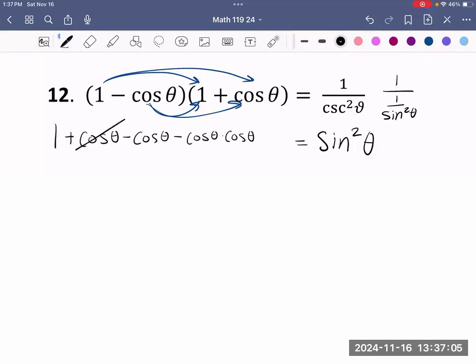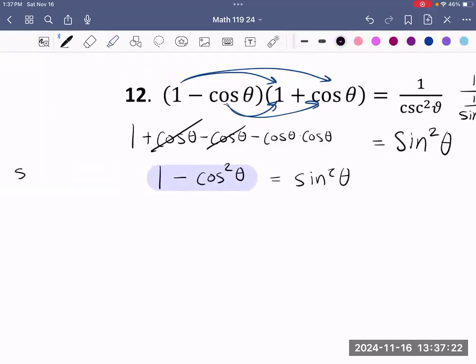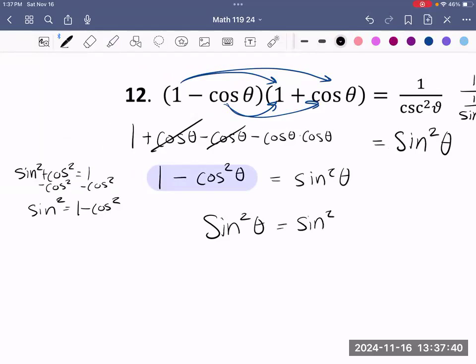We should get these middle terms to cancel. We get 1 minus cosine squared of theta is equal to sine squared of theta, which is in fact true, but let's again use your identity to get more comfortable with it. They've just taken your trig identity, sine squared plus cosine squared is equal to 1, and subtracted out your cosine squared. So 1 minus cosine squared is equal to sine squared.